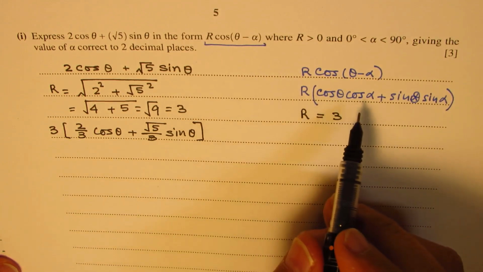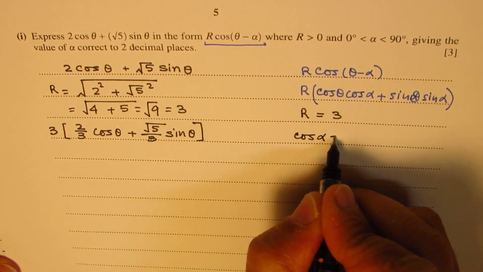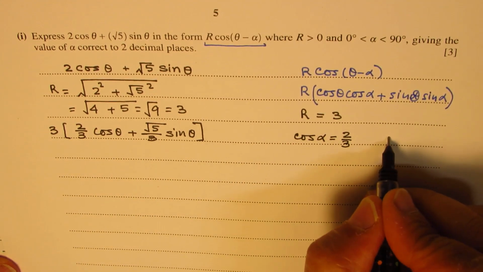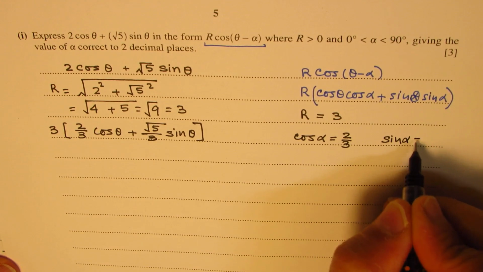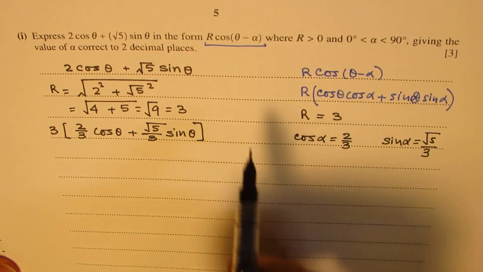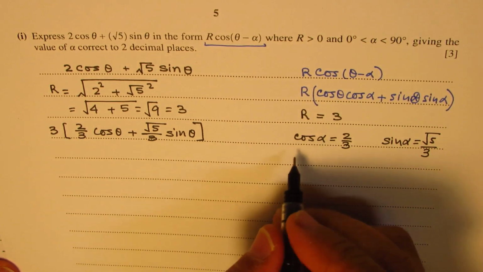And now let's work on alpha. We are looking for cos alpha equal to 2 over 3 and sin alpha equal to square root of 5 over 3. To get the value of alpha, we will divide one by the other.